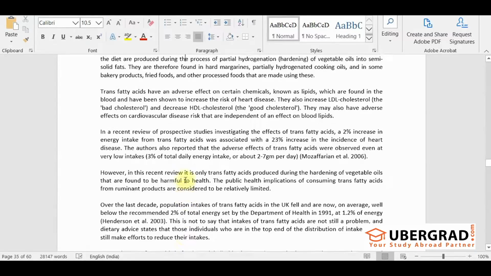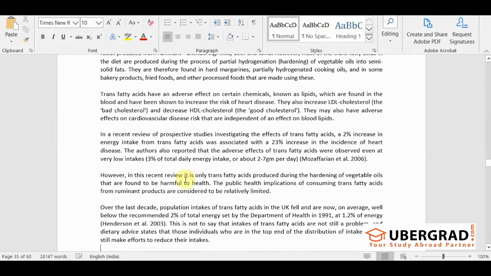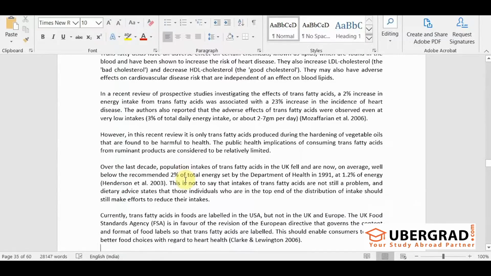Search for UK. Now where is UK? Here is UK, right? Here is UK, right?